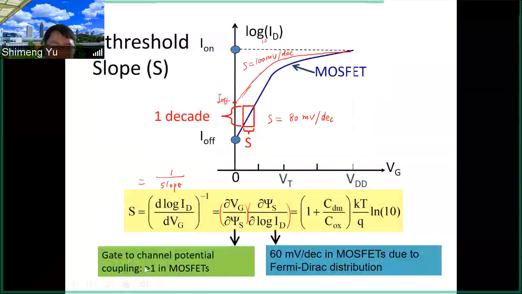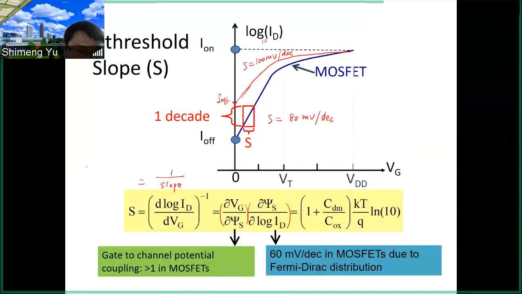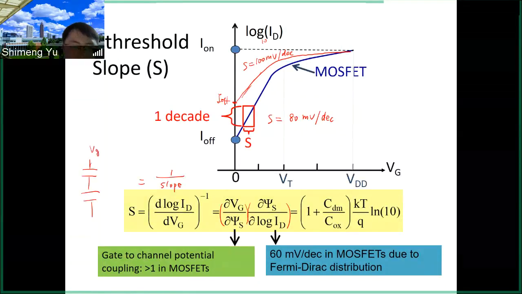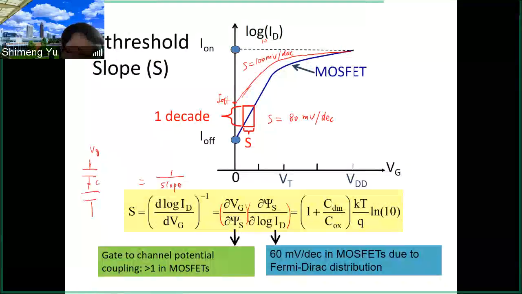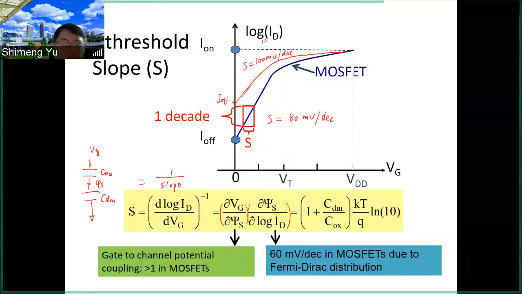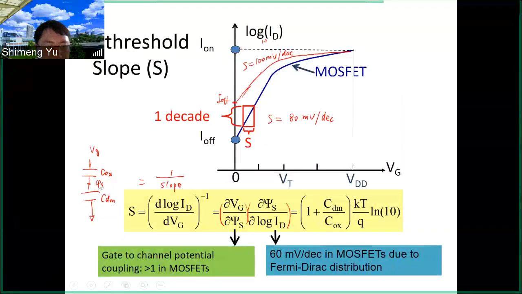This is like the gate to channel coupling, and we discussed that actually one slide before. If you think about the voltage divider, this is the gate voltage you apply, and then this is the phi s. You have the COX, the gate capacitance, and the C depletion. So it's a ratio between the capacitors, COX and C depletion.